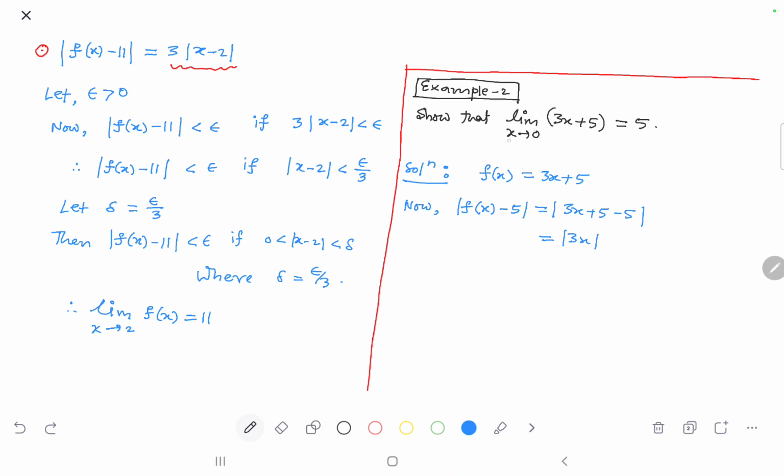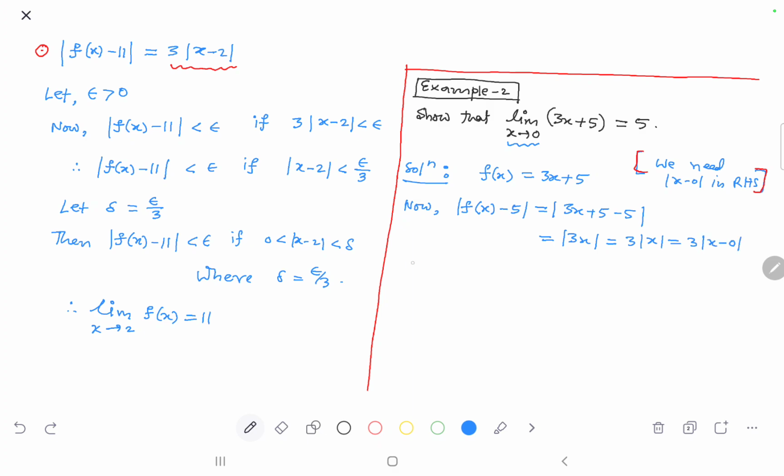Now see, we have here x tends to 0, so we need a factor. I'm just writing this here for your understanding; you will not write this part in the exam. So we get 3 times the absolute value of x, and this is nothing but 3 times the absolute value of x minus 0.